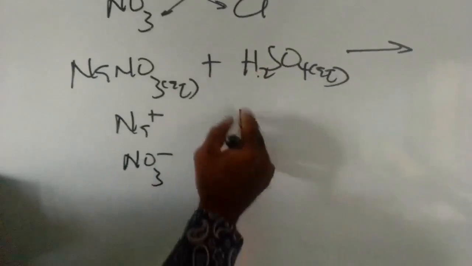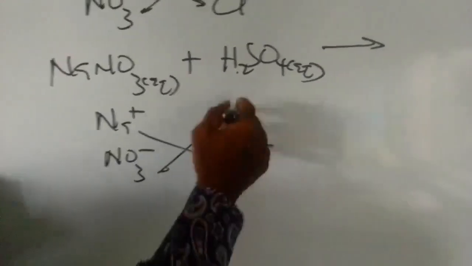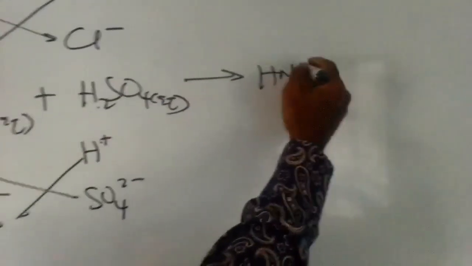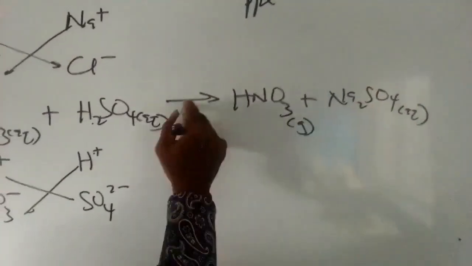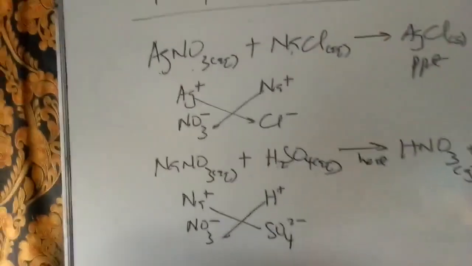The acid splits into hydrogen ion and then the sulfate ion. You marry the unlike terms together, you produce HNO3 and then Na2SO4, aqueous, and this could be volatile or gaseous. So that is also a kind of double decomposition reaction.